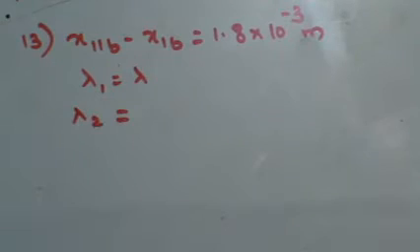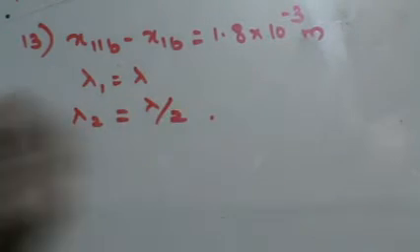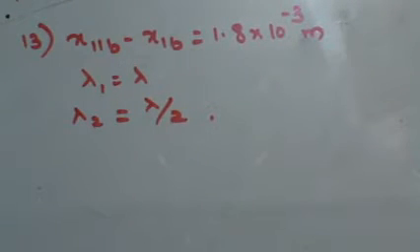If the light is replaced by a wavelength of lambda by 2, find the distance between the first and the 16th bright fringe.